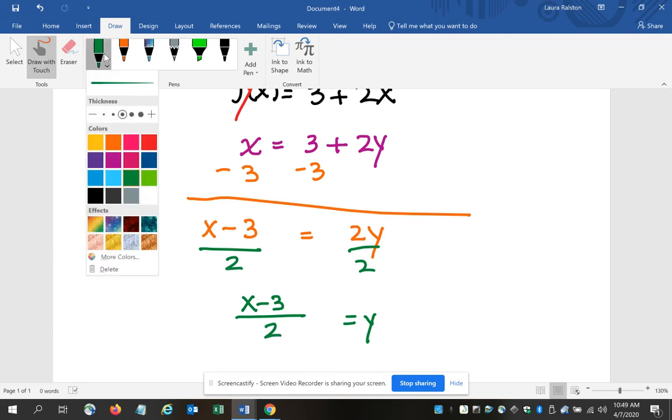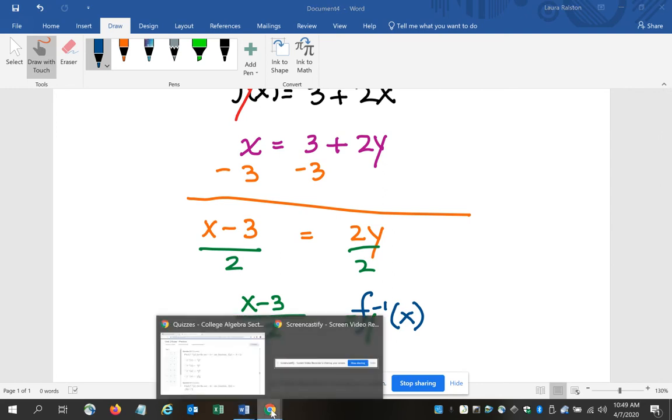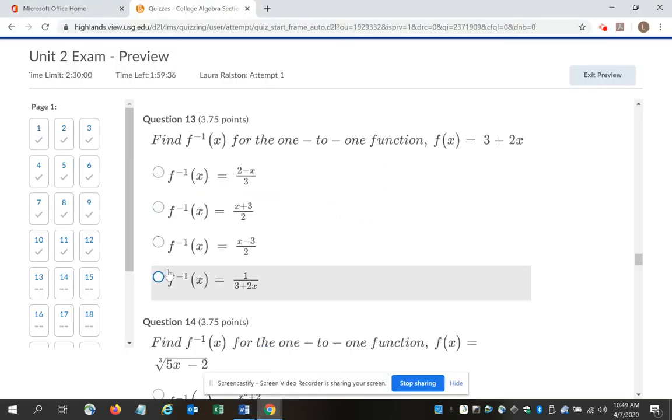Once you have it solved for y, remember this y now represents f inverse. So my inverse is x minus 3 all divided by 2.